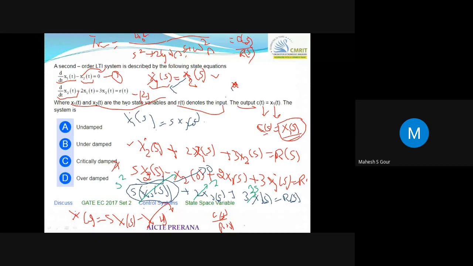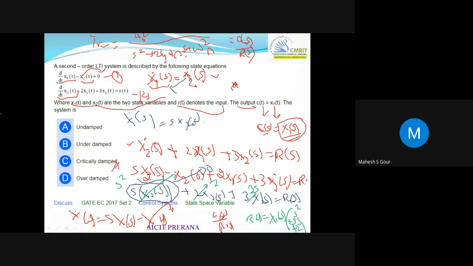Got it? So what will be your denominator finally? What will be your r of s? R of s will be equal to x1 of s into s square plus 3s plus 2. Till here everyone got it?